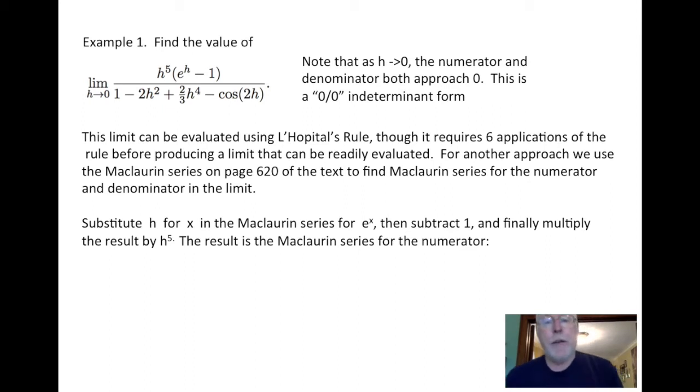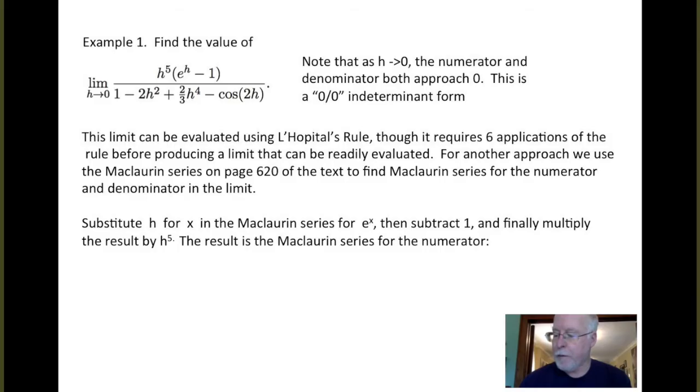We're going to look up the Maclaurin series for e to the x, and substitute h for x in that series. We do that because everything's in terms of h in this limit we want to look at. We're then going to subtract 1 in the numerator and then multiply that whole result by h to the fifth.